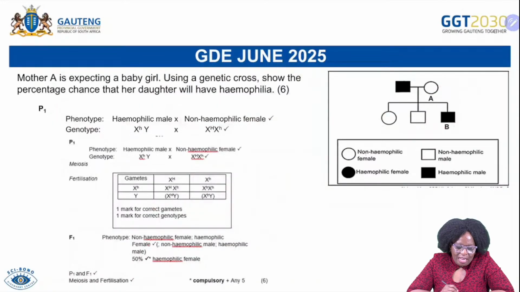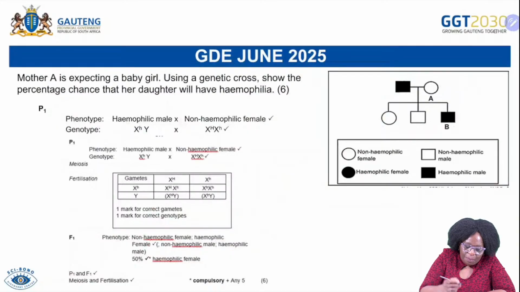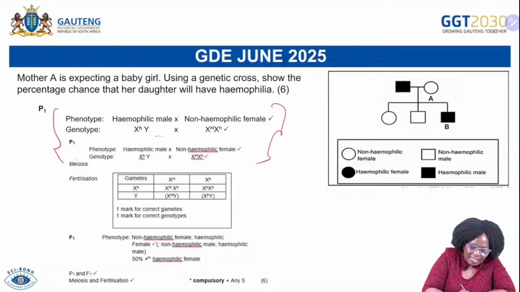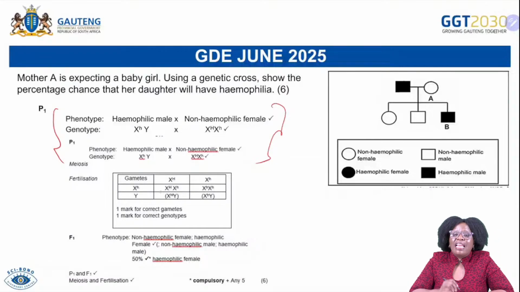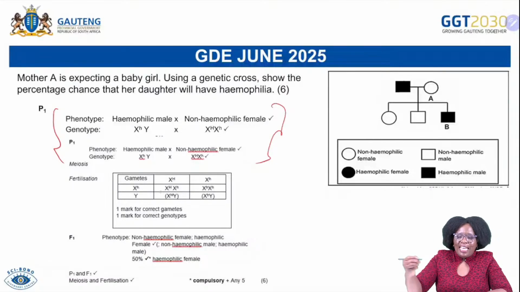This is just the other way of answering the same question when a Punnett square is used. I'm not going to go through all this because we have looked at that. Meiosis, fertilization, we have looked at that. But now instead of the diagrams where you draw lines and cross, here we've got the Punnett square.